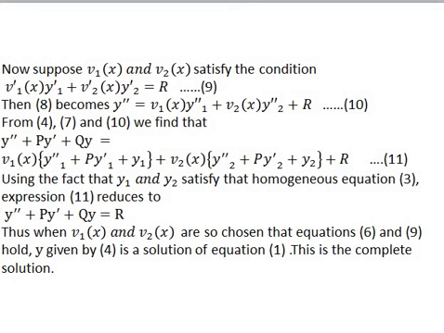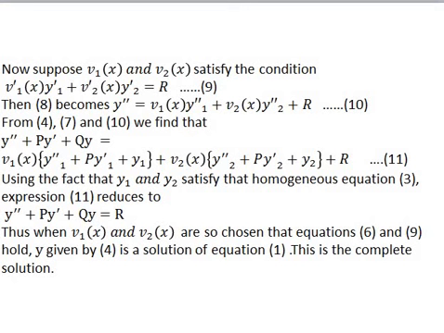We call it equation 11. Using the fact that y1 and y2 satisfy the homogeneous equation 3, equation 11 reduces to y double dash plus p into y dash plus qy is equal to r.